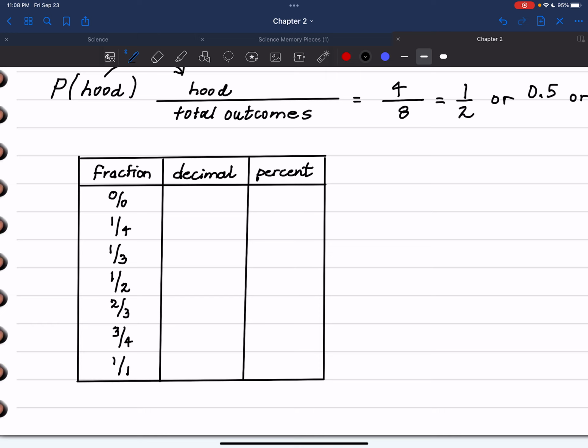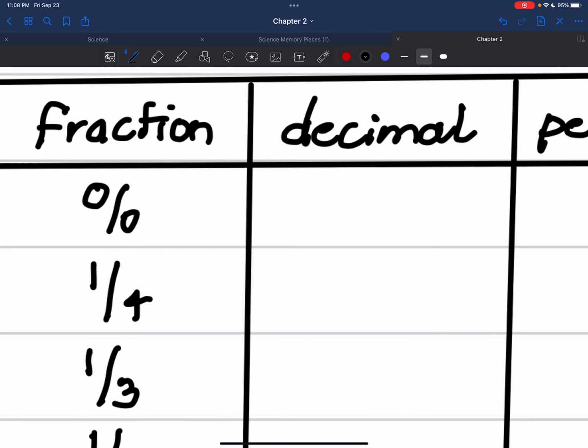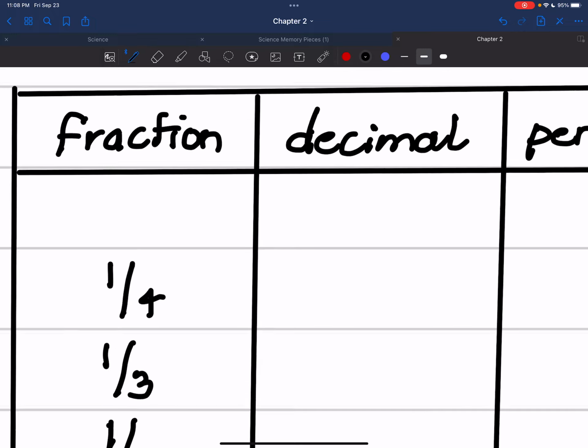But okay, let's put the decimal and fractions in here. So the fraction 0, which is not a legitimate fraction, you cannot have 0 on the bottom of a fraction. That is against mathematic rules. So let's fix that. I don't want you to think that's okay. There really is no fraction here.